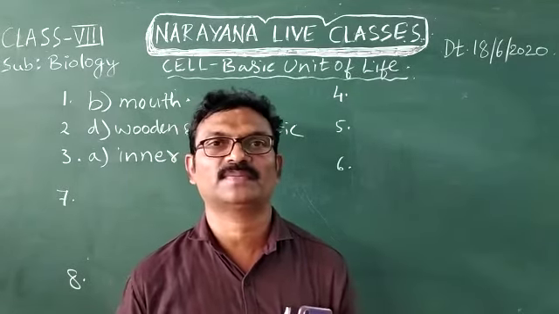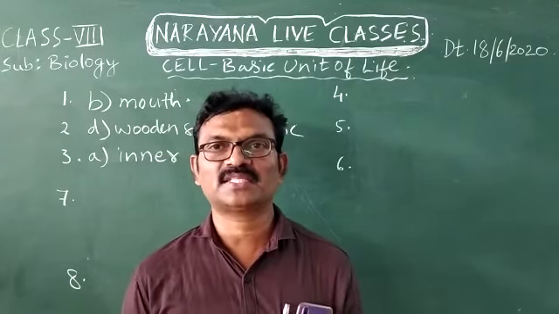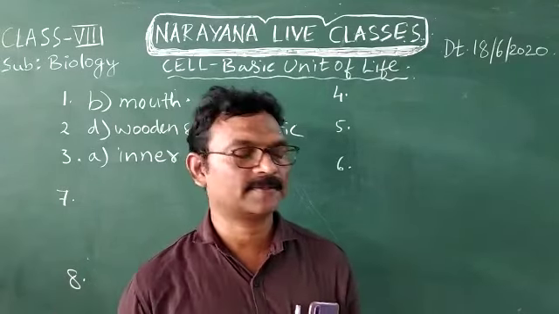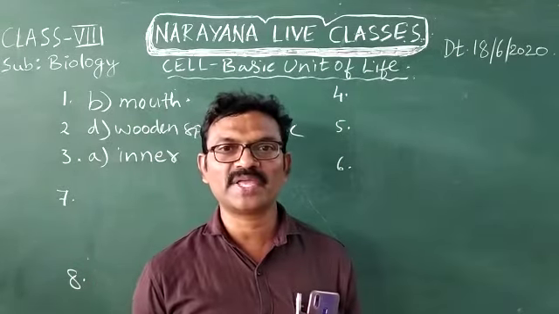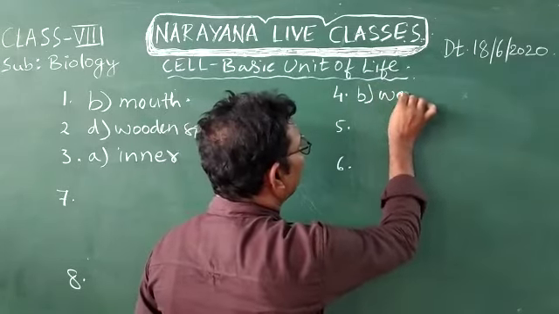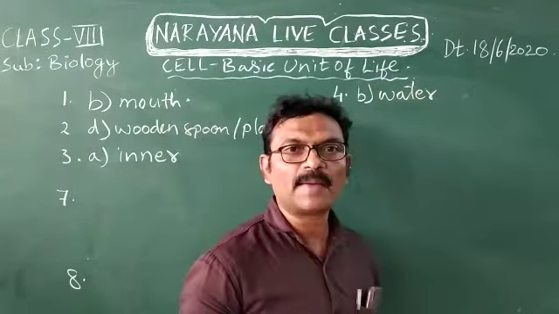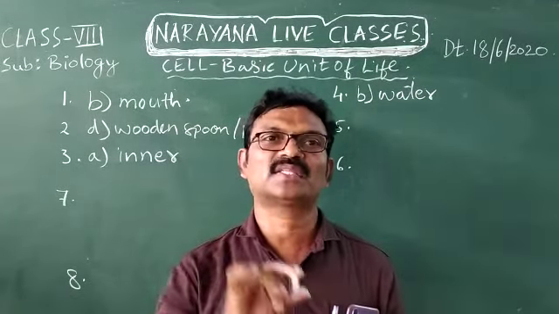Fourth question. The scrapping should be placed in a drop of dash taken on a slide. Correct answer is B, B for water. So scrapped material should be placed on a water present on the slide.